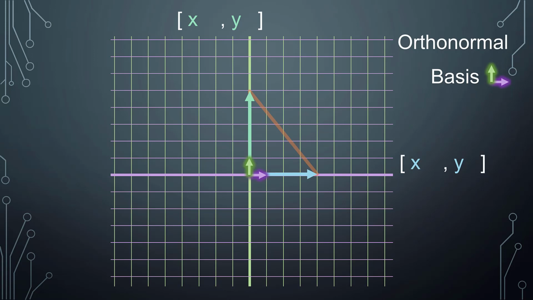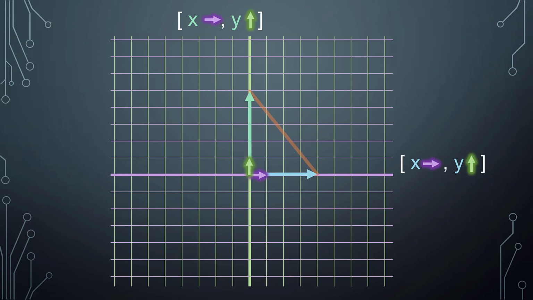Okay, so what is an orthonormal basis? It's just these two vectors that every other point and vector in this vector space can be represented in terms of. What do I mean by that? I mean that with a combination of some scaled version of each of these two vectors.